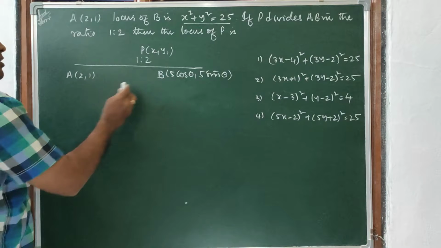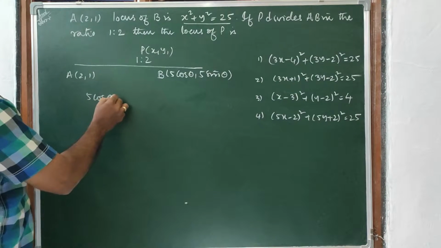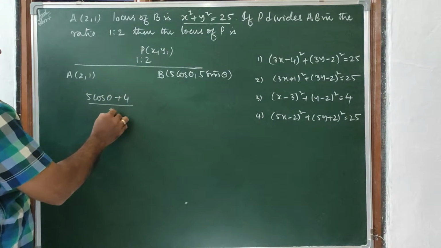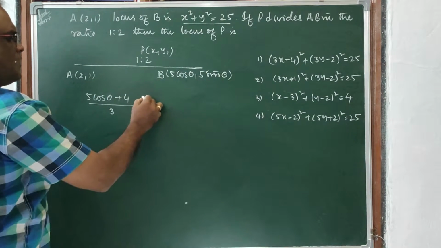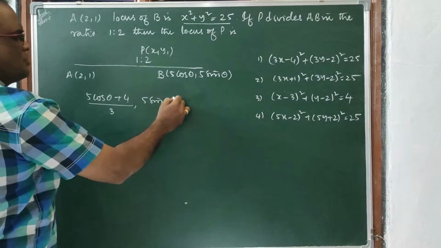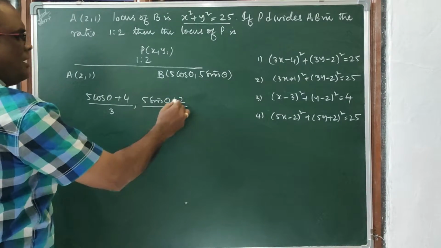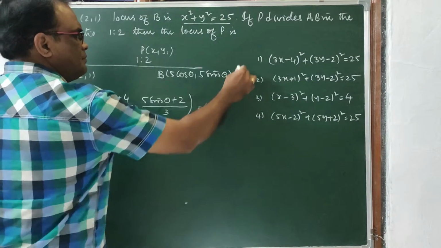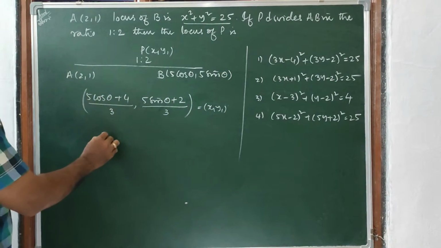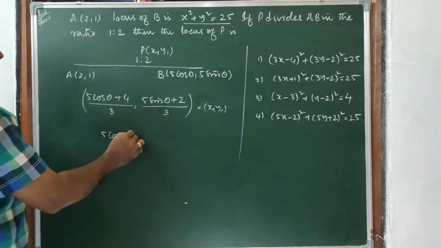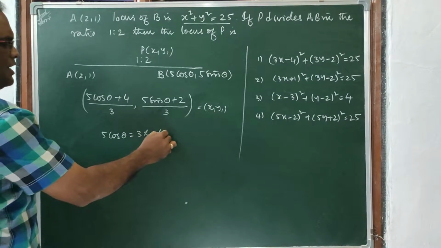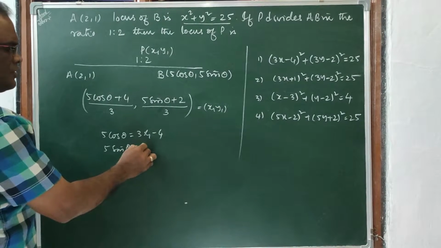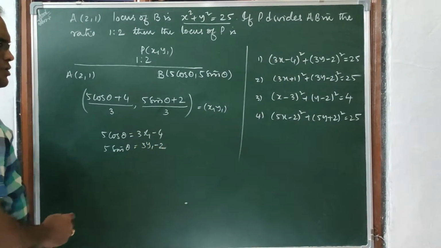Now, (1 into 5 cos theta plus 2 into 2, that is 4) by (1 plus 2, that is 3), and (1 into 5 sin theta plus 2 into 1, that is 2) by 3. This is equal to (x1, y1). Now 5 cos theta is equal to 3x1 minus 4 and 5 sin theta is equal to 3y1 minus 2.